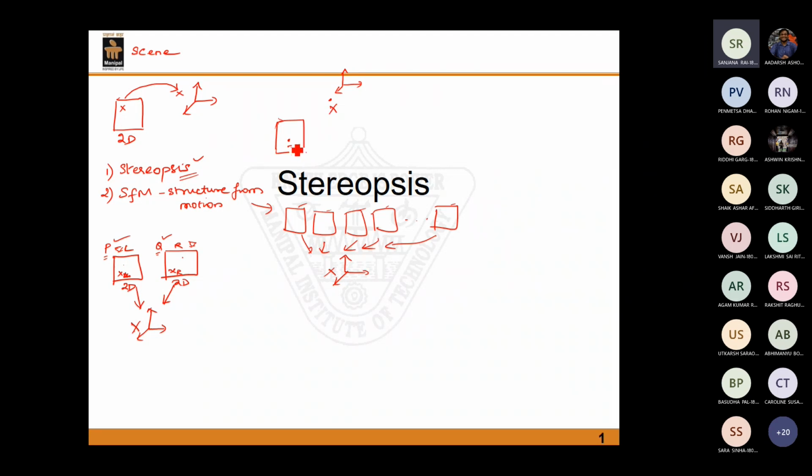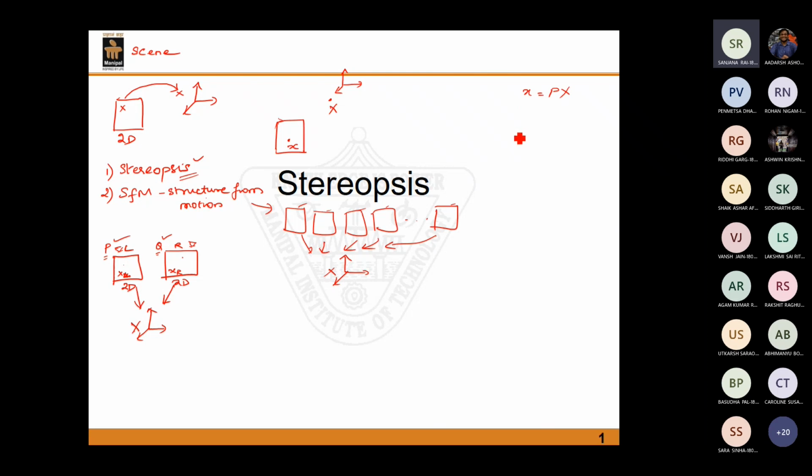So let's say I'm considering a particular point in the 2D image which is given by small x, and the corresponding point in the 3D world is this capital X. Let us assume that we have only one image here, with a point x, and the actual 3D point is this. Now, we have studied the pinhole camera projection model, right? In that model, we learned that this is represented by x = PX.